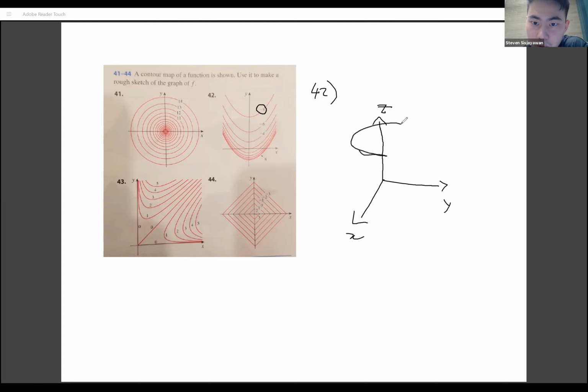Looks like a parabola, and then it decrements down, or it basically steps down steeply for the first few curves. So just gonna draw like that.